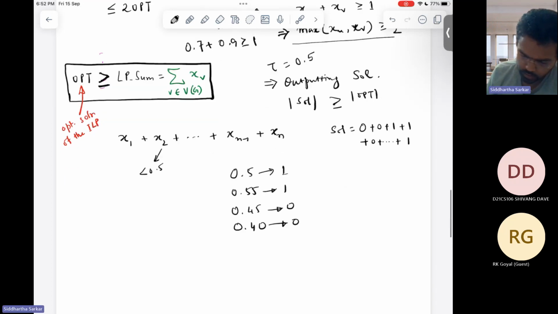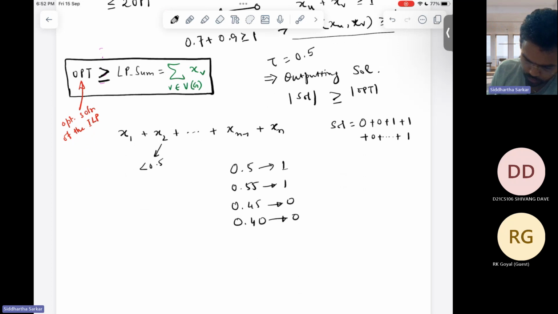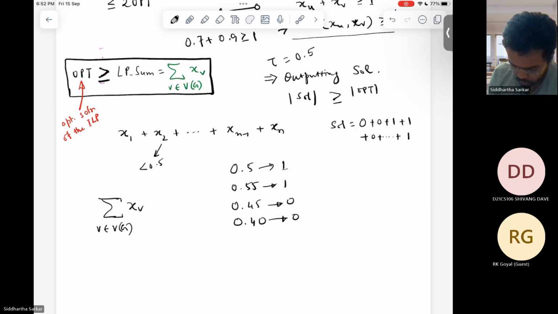So consider the objective function, summation xv, v belongs to the vertex set. Right. So this is the objective function. So let us divide the objective function into 2 parts.